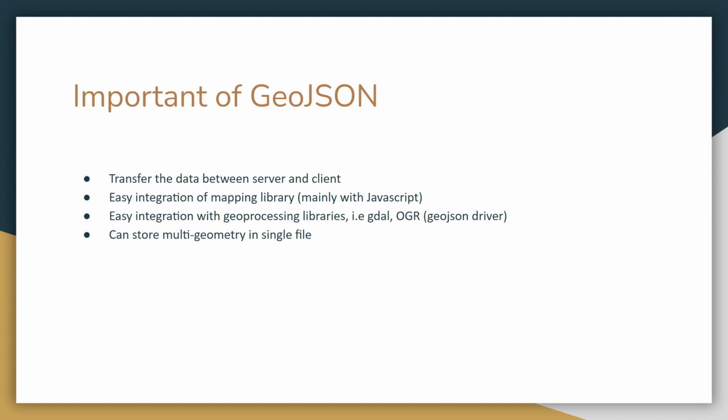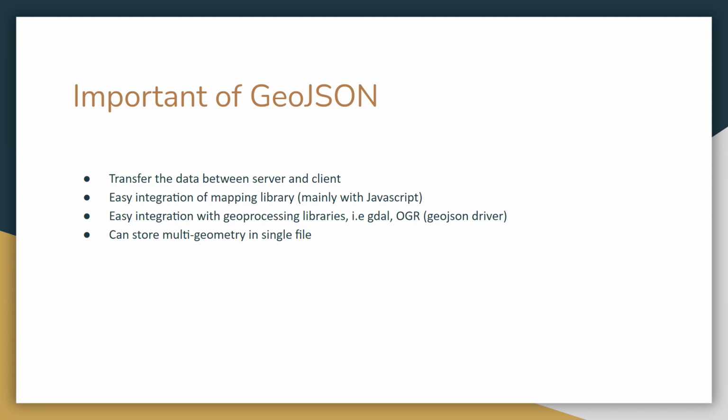And it can be easily integrated into mapping libraries like Leaflet, OpenLayers, Mapbox, etc. It can also be easily integrated with geoprocessing libraries like GDAL and OGR, because they have the GeoJSON driver, and then we can just run our model or do our operations using the GeoJSON driver, and get the output in the standard form.